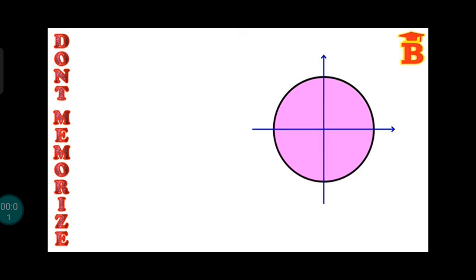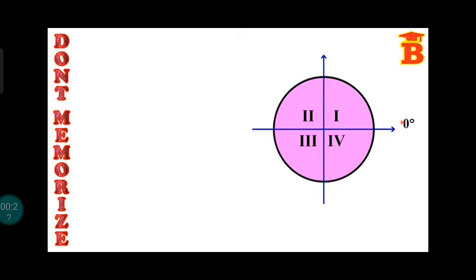With center at the origin, there are 4 quadrants. This is the first quadrant, this is the second quadrant, next the third quadrant, and then the fourth quadrant. We start from here taking theta as the standard angle.